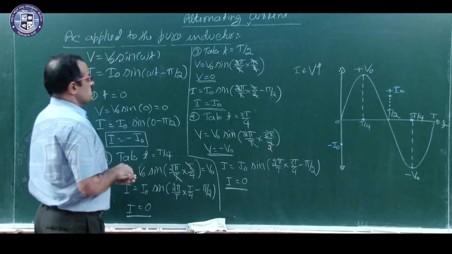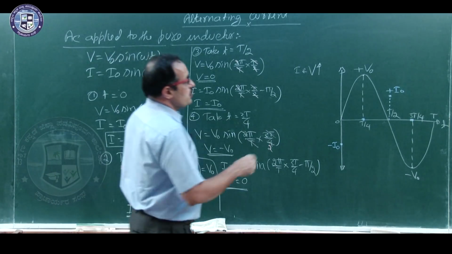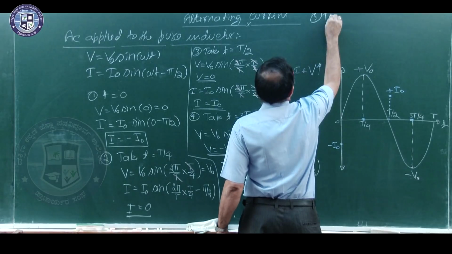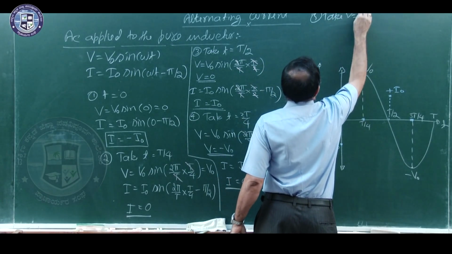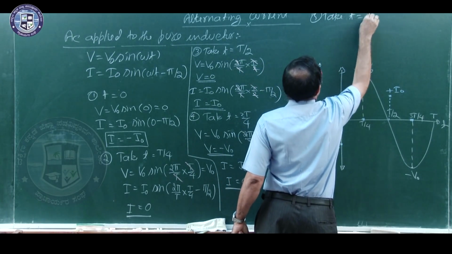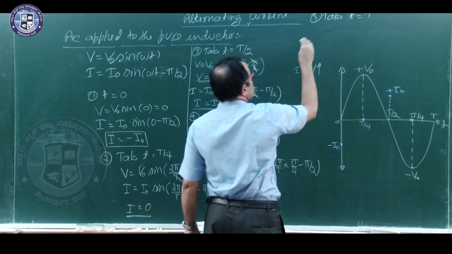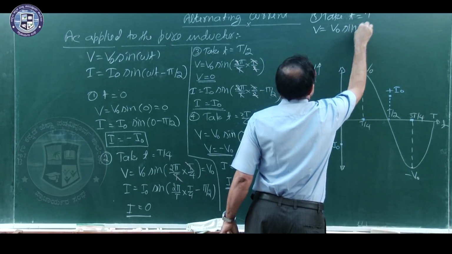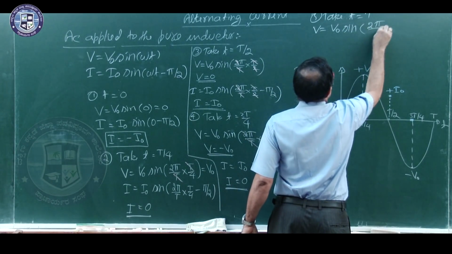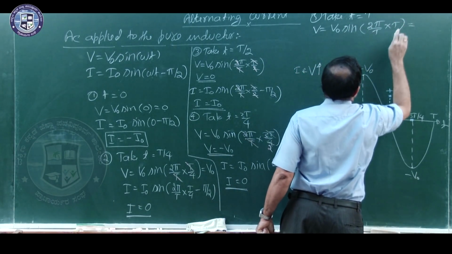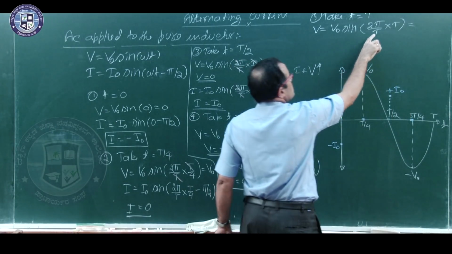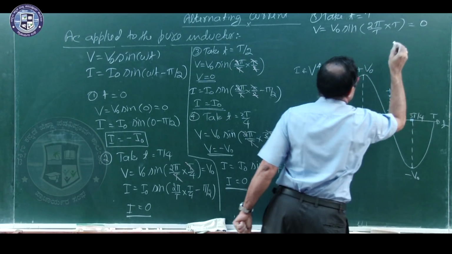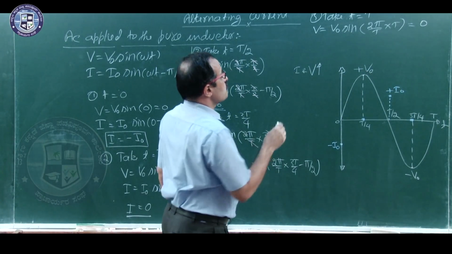Now, last point, when t equal to capital T. So, fifth point, take t is equal to capital T, time period, V is equal to V naught sin 2 pi by T into T. T we can cancel, it is sin 360, sin 360 is 0. Therefore, voltage is 0.